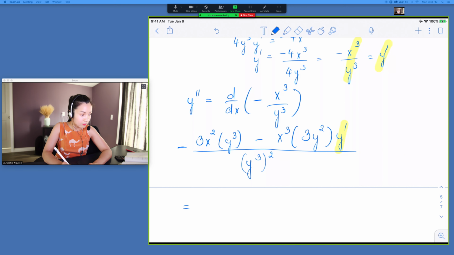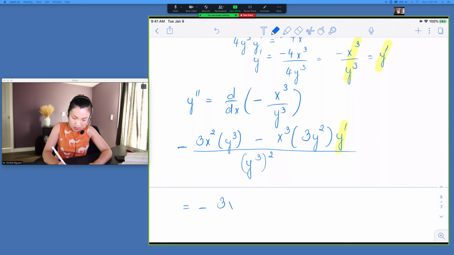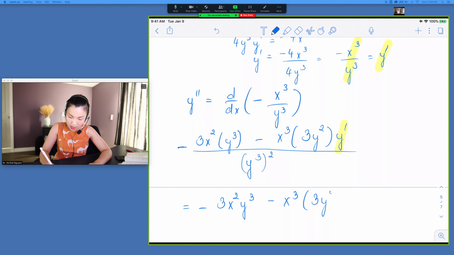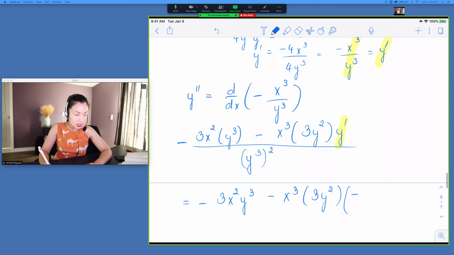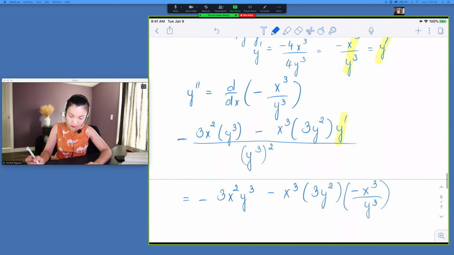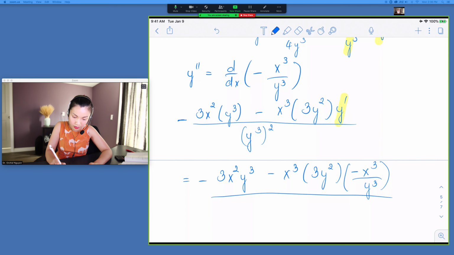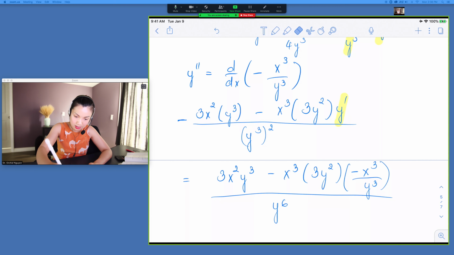So what we have, negative 3x squared y cubed minus x cubed 3y squared multiplied by negative x cubed over y cubed, and everything over y to the 6th power. Let me just remove that negative and put it right here. Okay, that's better.